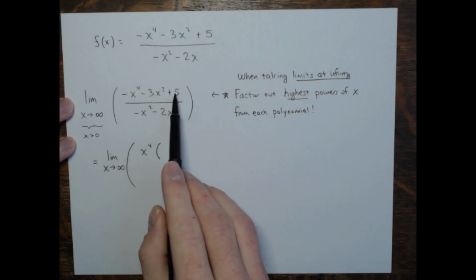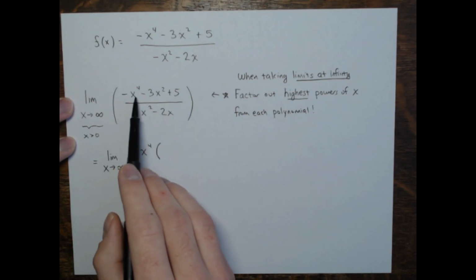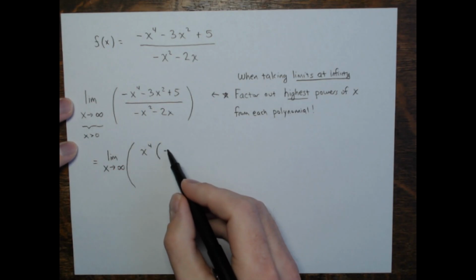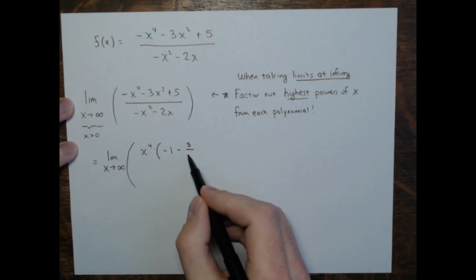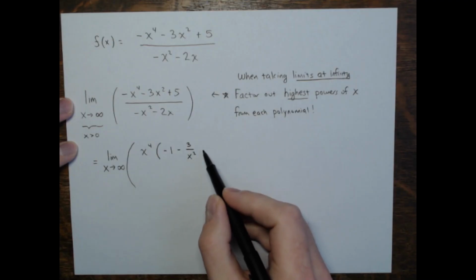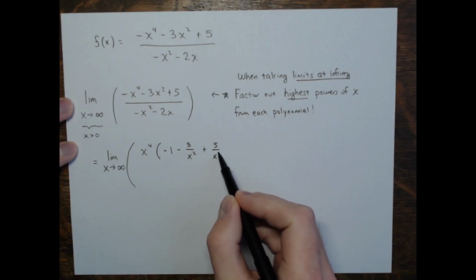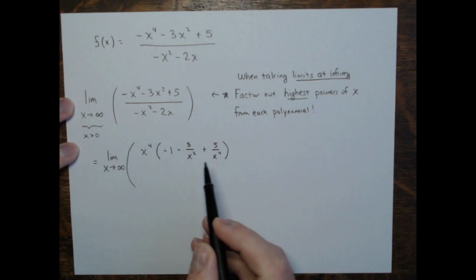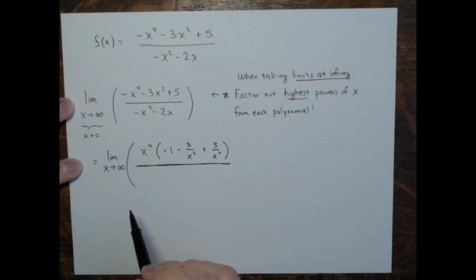Now, if you remove x to the fourth, just for the factor that's left over, just divide every term by x to the fourth, you'd have -1, then -3 over x squared, and then +5 over x to the fourth. So that's from the numerator polynomial.